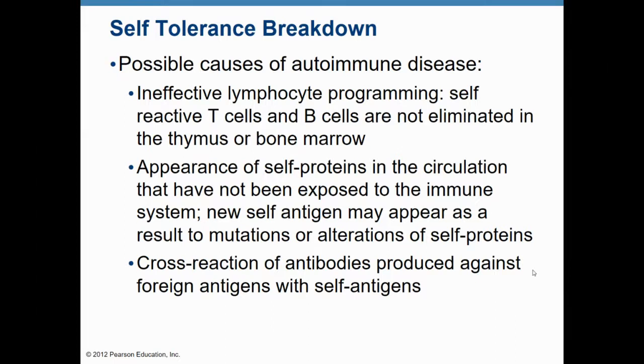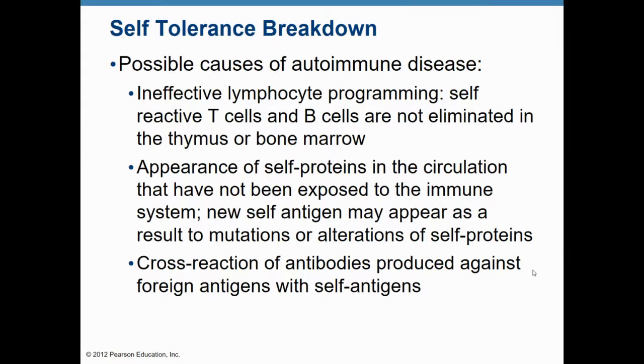Another thought is that there might be the appearance of self-proteins in circulation that have not been exposed to the immune system when your immune system was at its height, which is during childhood. So that new self-antigen may appear as a result of maybe a mutation in the DNA of a tissue cell, or it could be an alteration of the self-proteins.